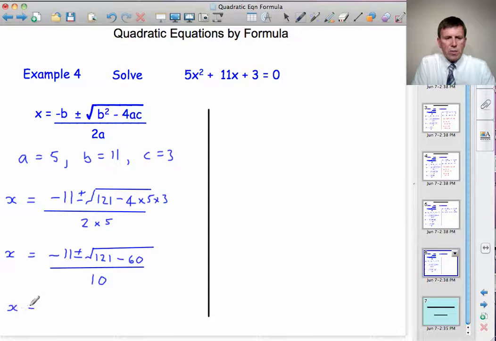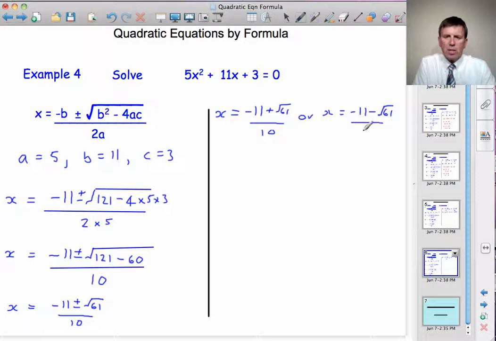So x is equal to minus 11 plus or minus 121 minus 60 is 61, so it's root 61 divided by 10. So our two answers are x equals minus 11 plus root 61 divided by 10, and the other one x equals minus 11 minus root 61 divided by 10.